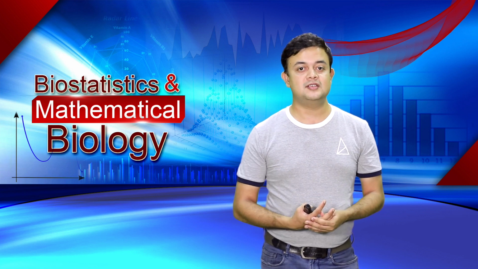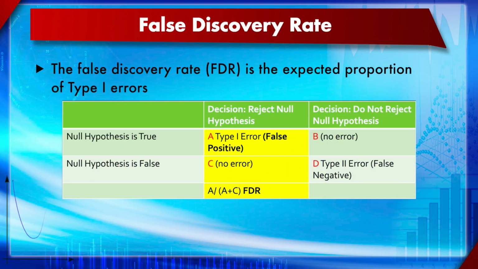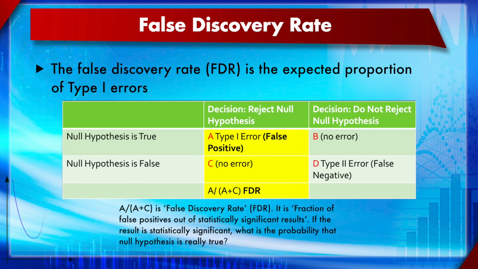Now coming to another term called false discovery rate, or FDR. What is this FDR all about? The false discovery rate is the expected proportion of type 1 errors. So it has to do with the type 1 errors, or the false positives. A divided by A plus C is the false discovery rate, or FDR.